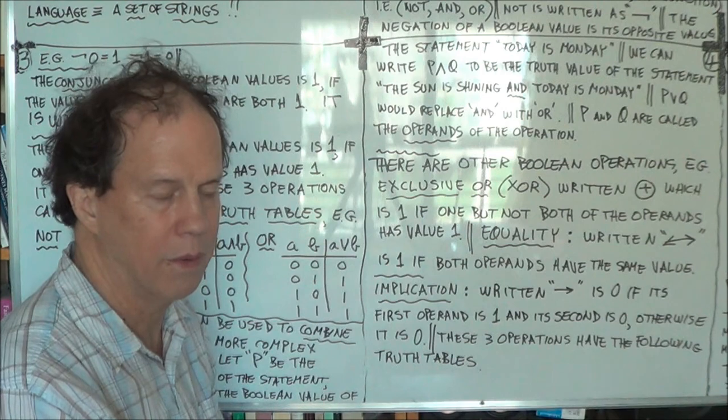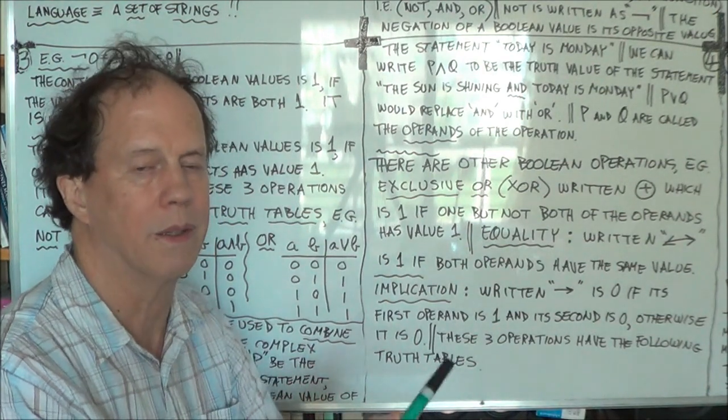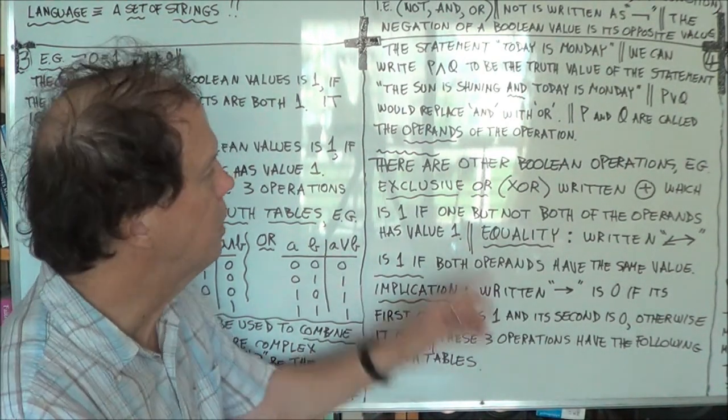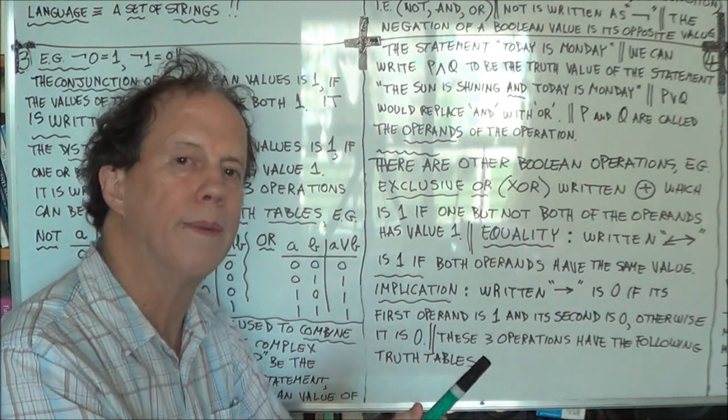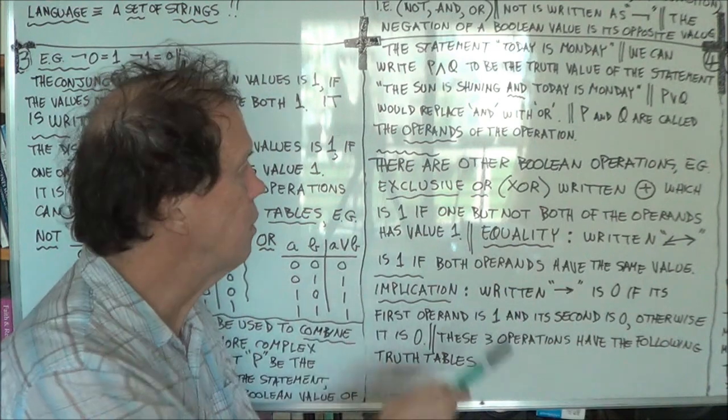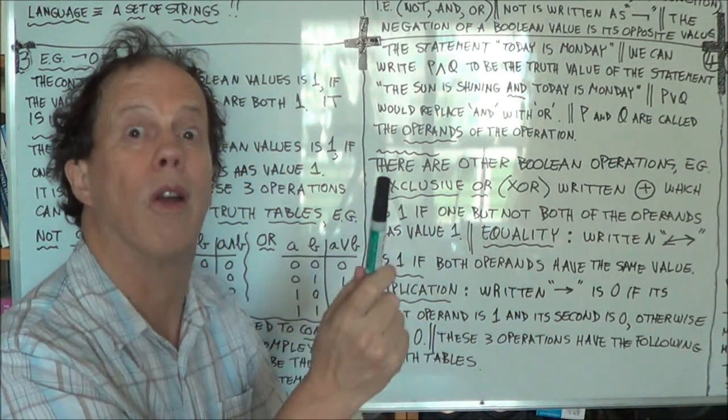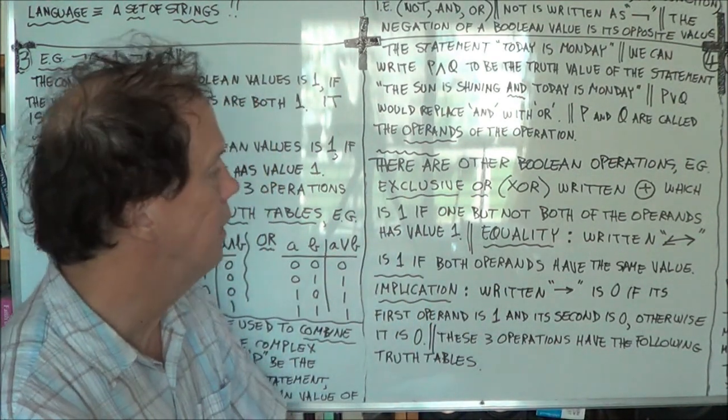And you still get A or B gives 1. But with exclusive OR, if both A and B are 1, then the exclusive OR value will be 0. Okay, that's the difference.